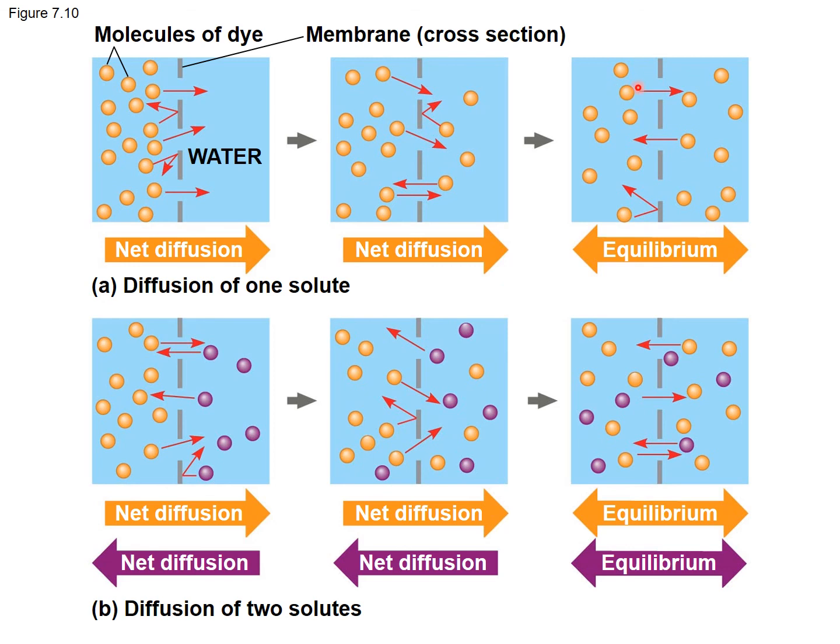At that point, the rate of movement across the membrane for both of the solute molecules at the bottom and just the orange at the top is the same, going to the left and to the right. So they can still move across the membrane. They're just not static, but they are moving from left to right at an equal rate when they reach equilibrium. And this is called dynamic equilibrium.